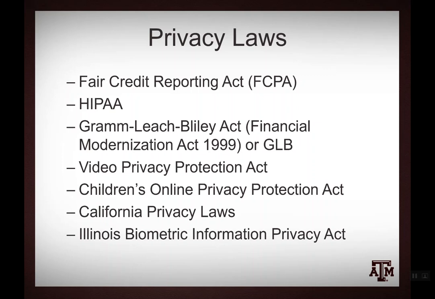We have others, the Children's Online Privacy Protection Act. Again, in the scope of this course, I want you to read this, understand it, but do I want you to know this, explain it in detail? No. Just one thing to note, this law is actually stricter about protecting children than under GDPR. And I've listed the California privacy laws and the Illinois Biometric Information Privacy Act because California has recently passed what we call GDPR Light.